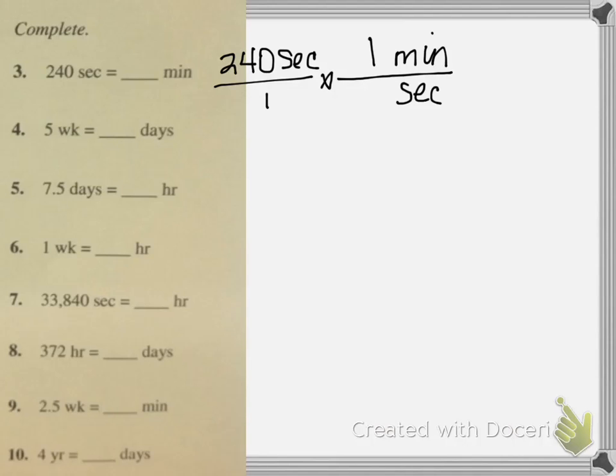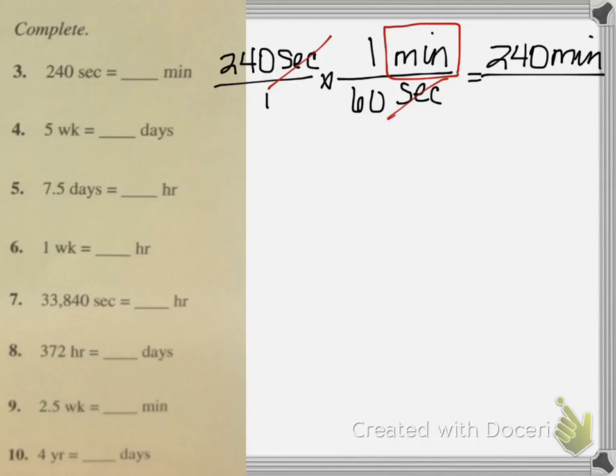I know that 1 minute is 60 seconds, and so now when I multiply straight across, I'm going to get a unit of minutes, which is what I want, and I'm going to have 240 minutes over 60. And 240 divided by 60 is 4. So 4 minutes would be our final answer.